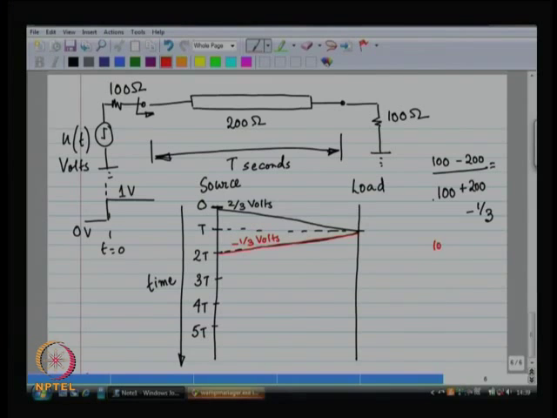Now, at the source, the reflection coefficient has the same formula. So, it is 100, that is the resistance, minus the characteristic impedance by 100 plus 200. So, it is the same value, and as a result, I made a mistake. So, minus 1 by 3 is not what got reflected back.